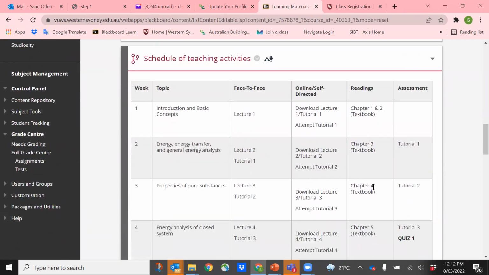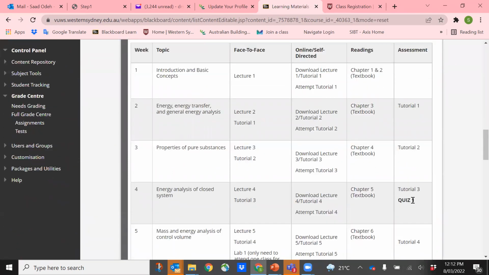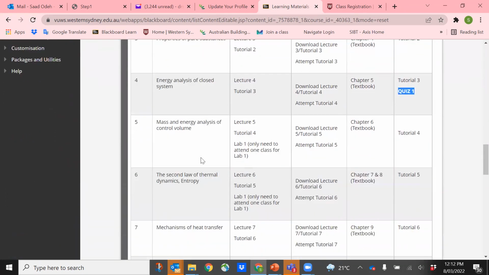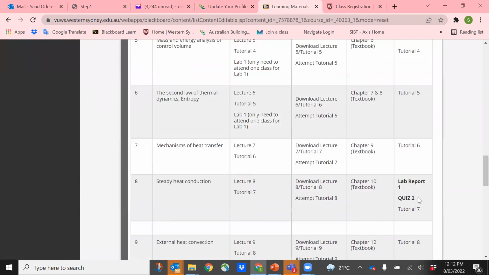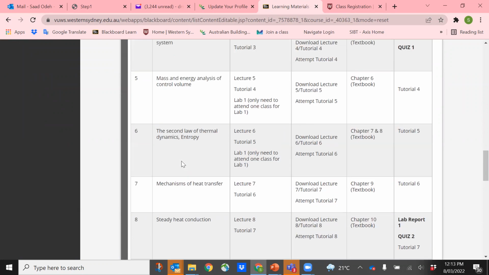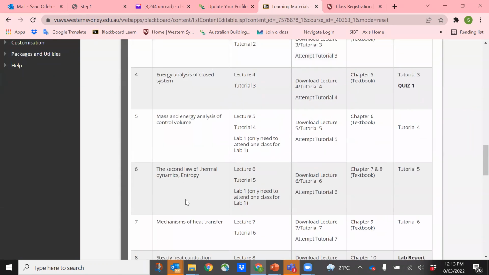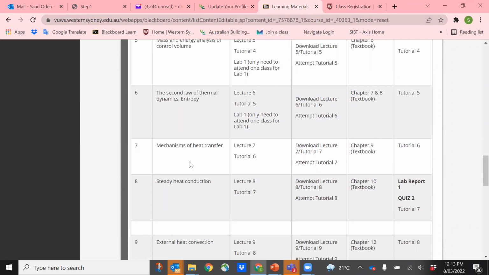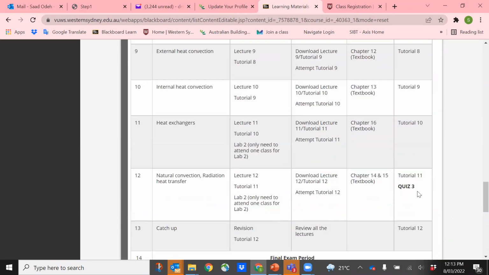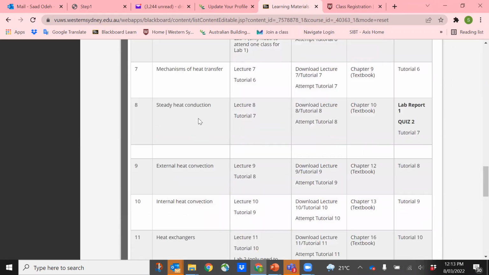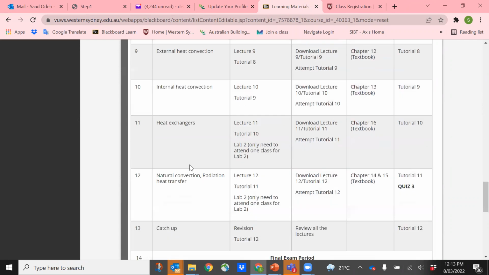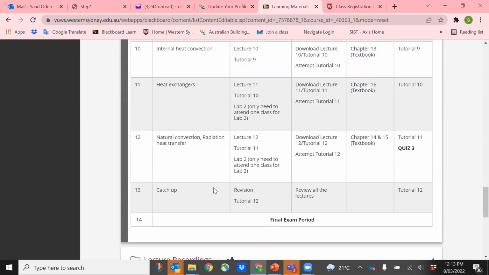Quiz 1 will be in week 4, covering the 3 weeks of topics. Quiz 2 will be in week 8, covering week 4 to week 7. The last one, quiz 3, covers weeks 8 to 11. And then the final exam at the end.